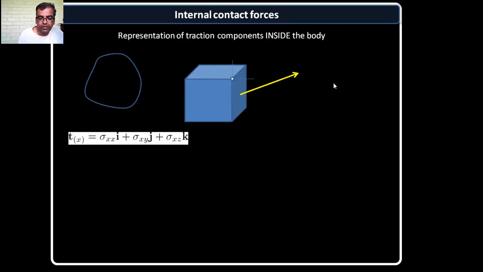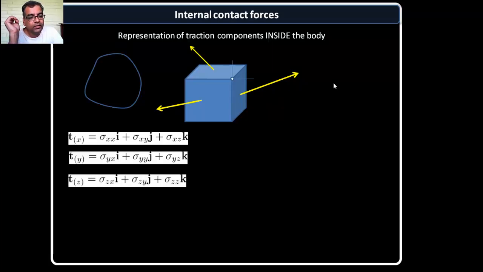So this has three components. The other two will have similar things. There is a force on the y face: sigma yx, y face x force, y face y force, y face z force; and z face x force, z face y force, z face z force. Per unit area, all of them.